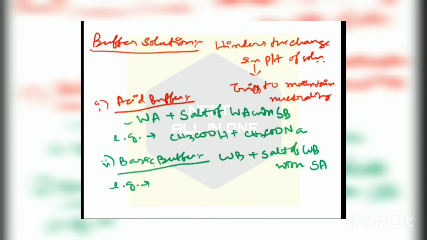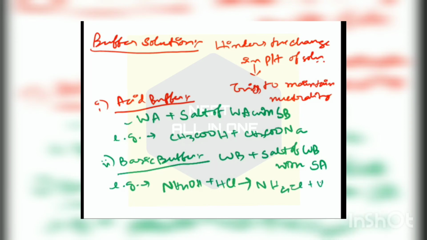Let's take NH4OH plus HCl, it will form NH4Cl plus H2O, right? So the basic buffer here is NH4OH plus NH4Cl. Now we are going to see the formulas which make this buffer solution.